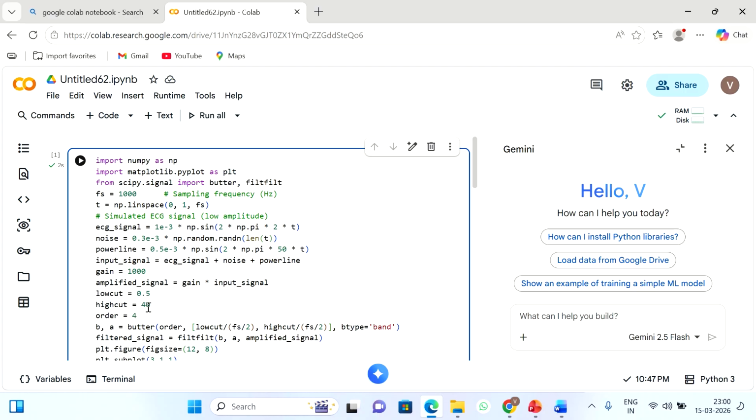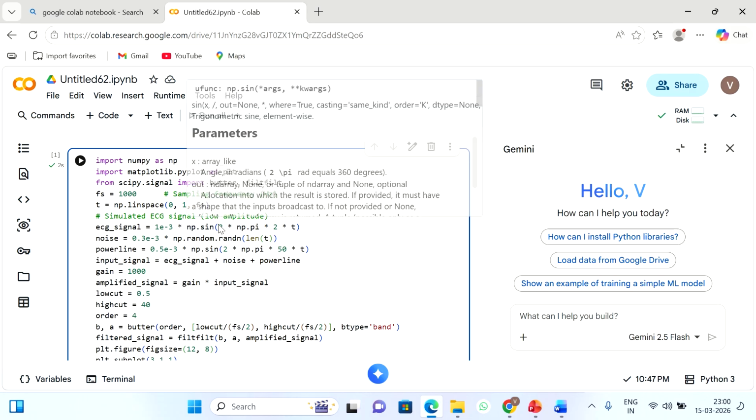And then B comma A. So here, using the gain, I am giving more explanation. If the original signal is very small, amplification makes it easier to process and analyze. I already told you that the ECG signal is low in magnitude, it is not strong.